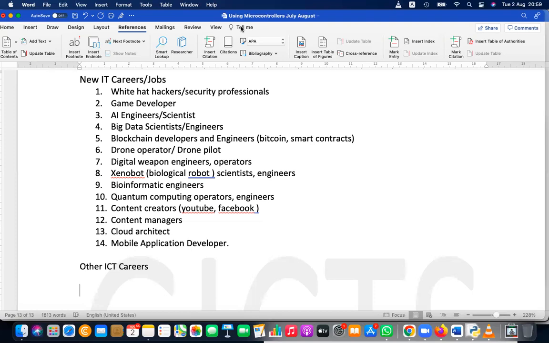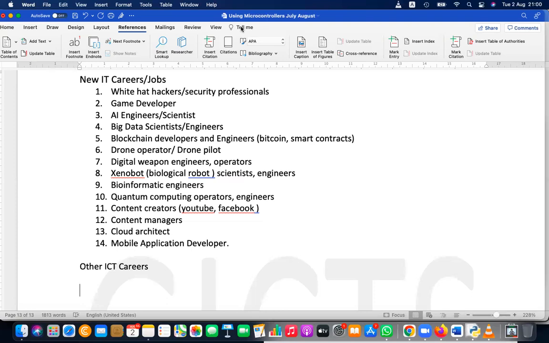And digital weapon engineers. So weapons are now not traditional anymore. These weapons are now digital, having a software component in them. So those people are called digital weapon engineers.